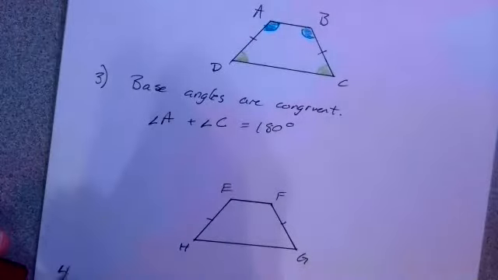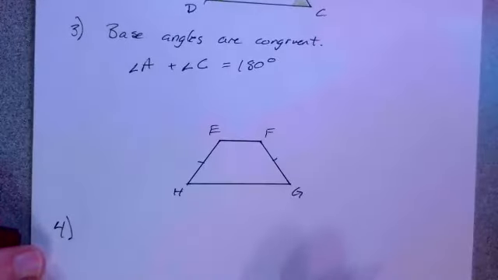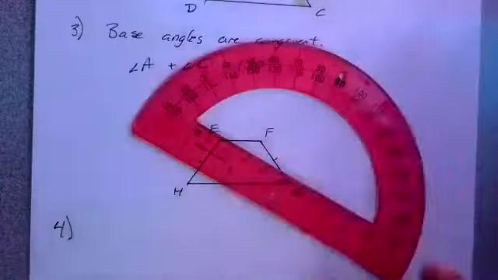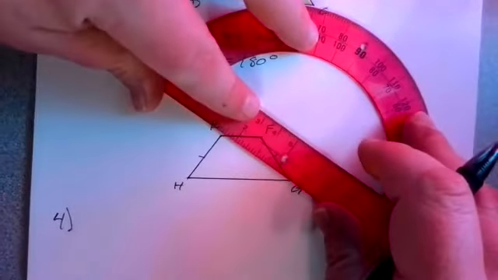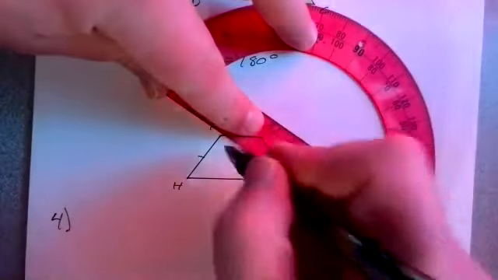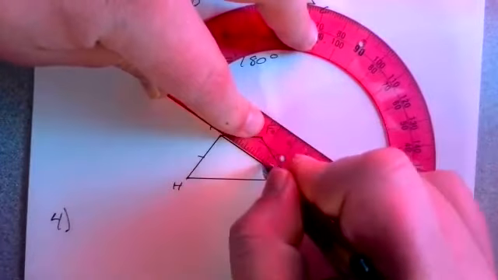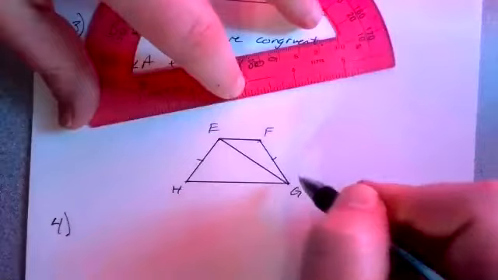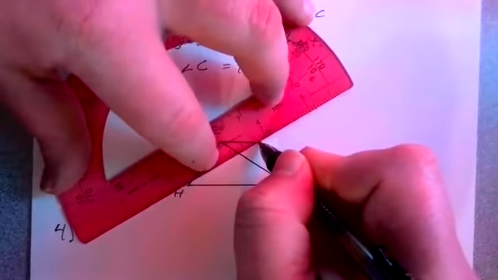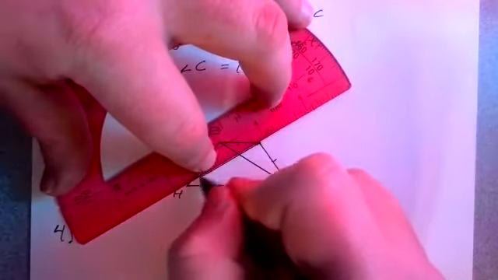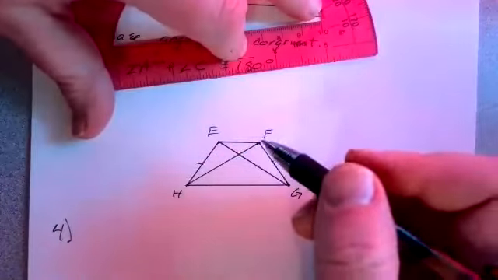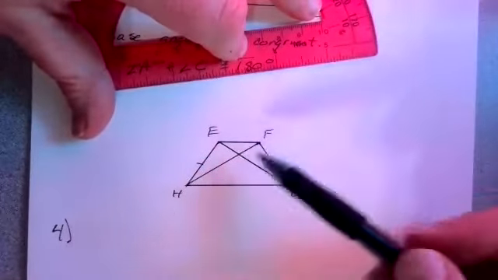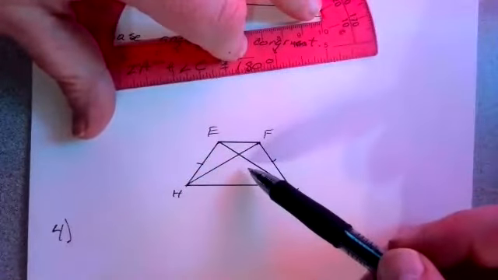So property number 4, the fourth property that we're going to take a look at. If I were to create a diagonal, the diagonal here that runs from E to G, that wasn't perfect, but oh well, and then from F all the way to H. That one's a little better. What do you think you could say about these diagonals?